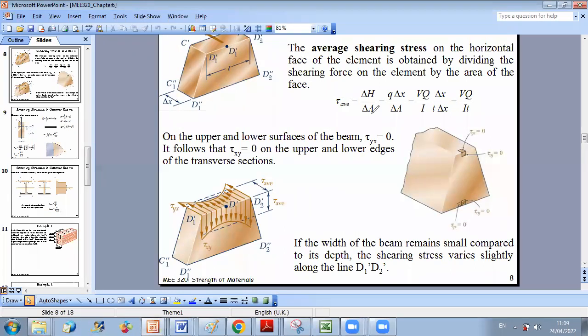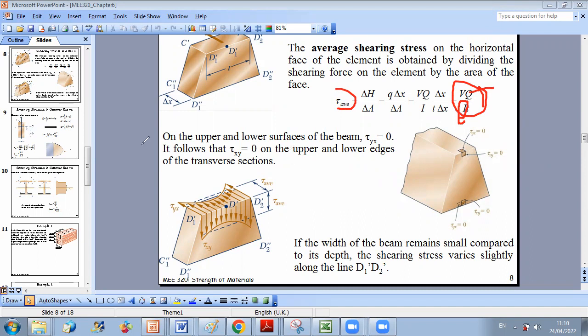And we have seen that to determine the shear stress resulting from shear, we have to compute Q. Q is the first moment of area about the neutral axis of the cross section. I is the second moment of area of the whole section about the neutral axis, or we call it also moment of inertia. And t is the thickness at the part of interest.